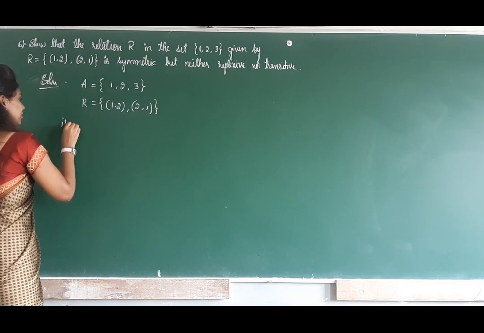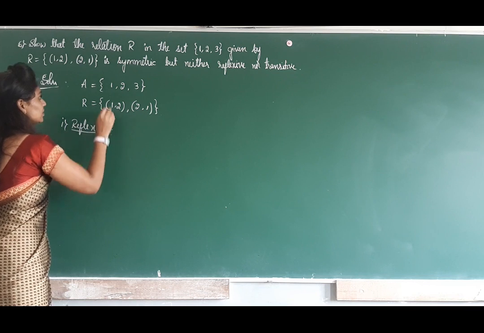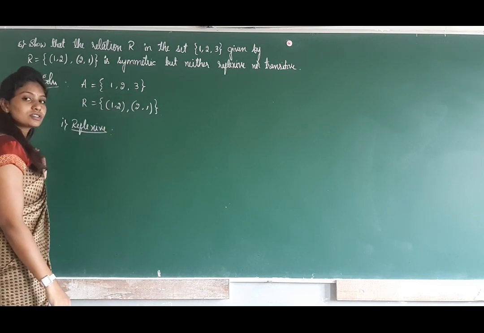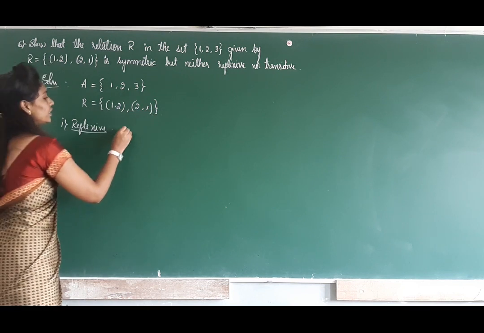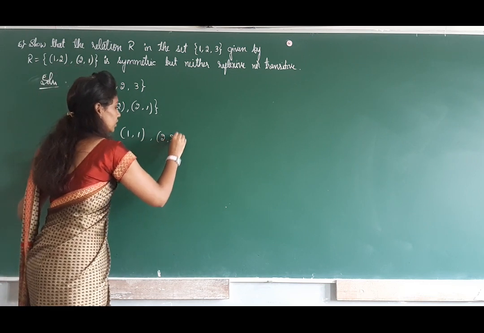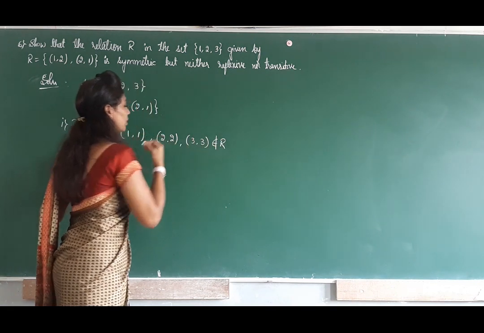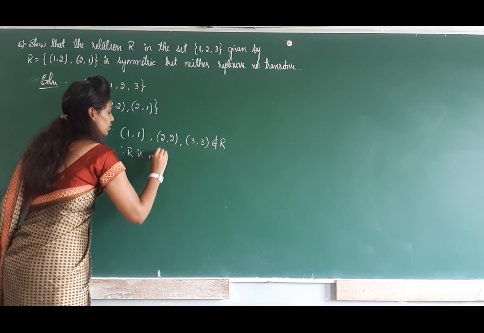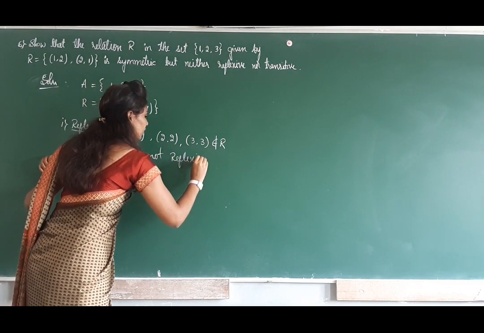For reflexive, we have to check the elements 1, 2, 3: do (1, 1), (2, 2), (3, 3) belong to R or not? No, right? That's why the ordered pairs (1, 1), (2, 2) and (3, 3) do not belong to R. Therefore, R is not reflexive.